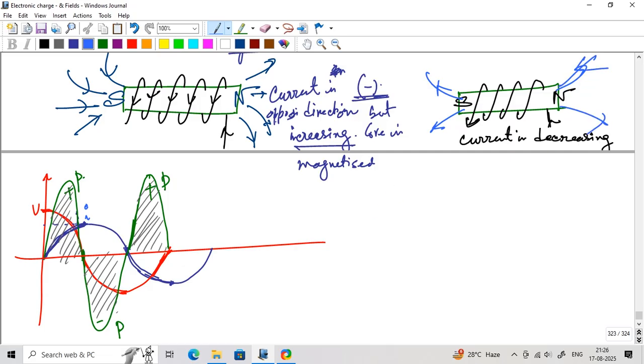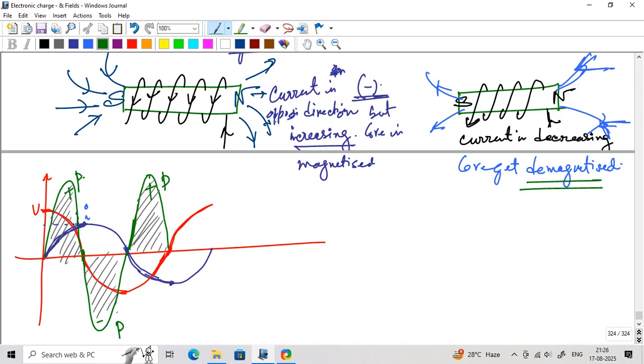Sorry, the arrows look like this, so the core gets demagnetized. Why? Because the voltage now is in the positive direction, and plus times minus gives a result of minus.